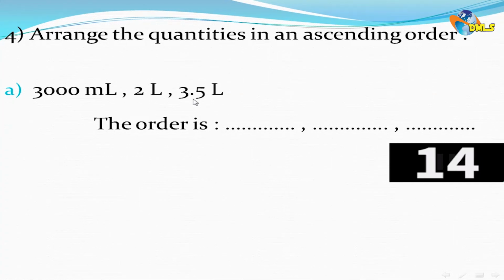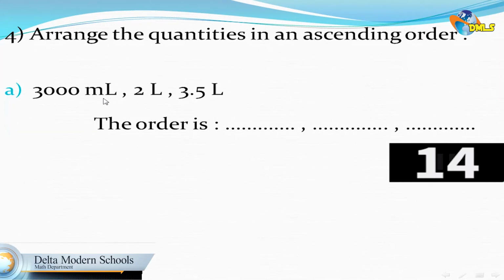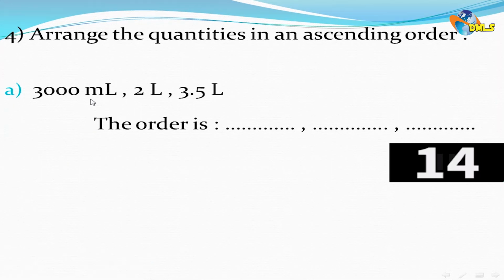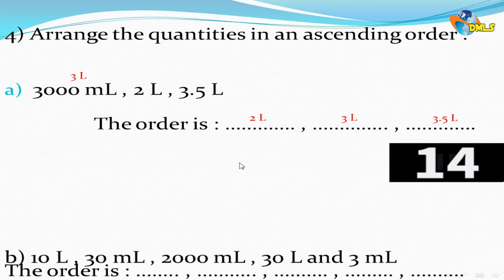To arrange the three quantities, we have to put them all in the same unit. So we will convert milliliters to liters by dividing by 1000. So I have 3 liters. Now can I arrange them? Of course, yes. Ascending, so we will start from the smaller one, 2 liters. Second one, 3 liters. And the last one, of course, will be 3.5 liters.